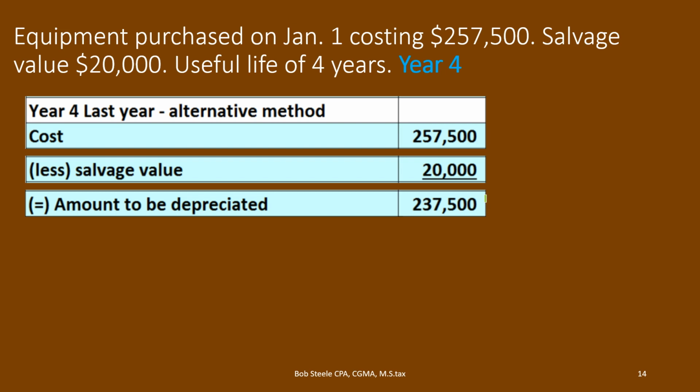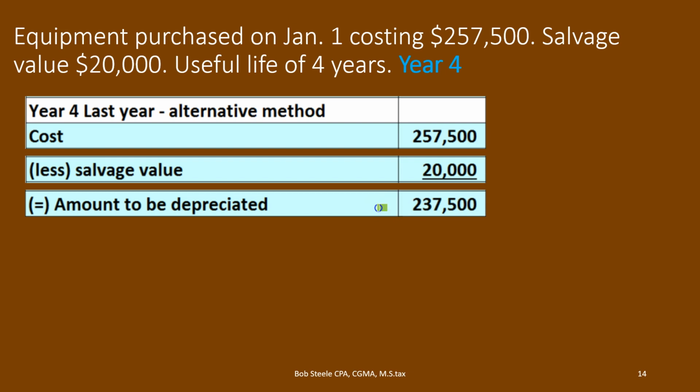Why? Because the $257.5 cost less the accumulated depreciation of $237.5 will leave us at the floor of the salvage value, the amount we can sell it for, of 20,000 in this case.